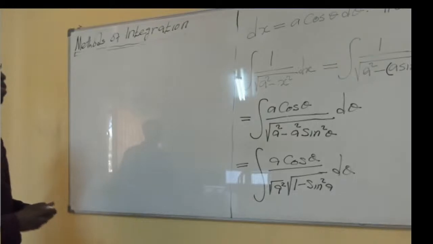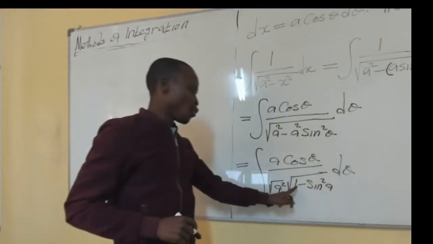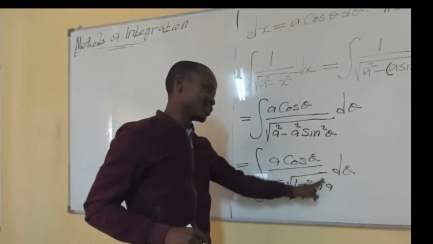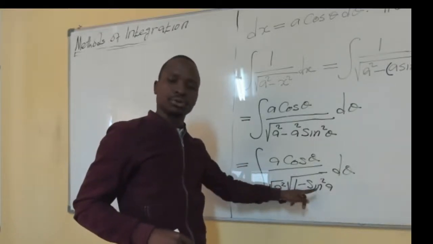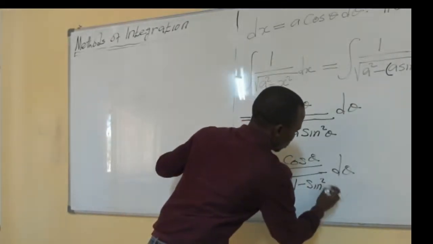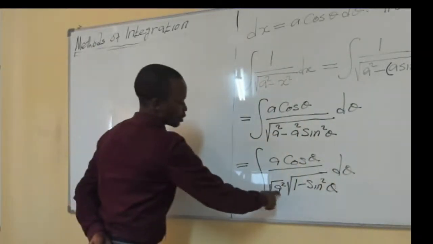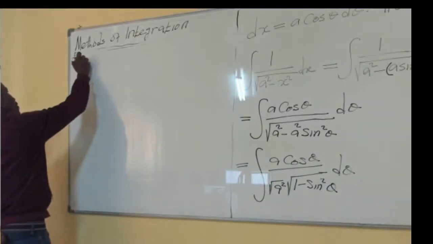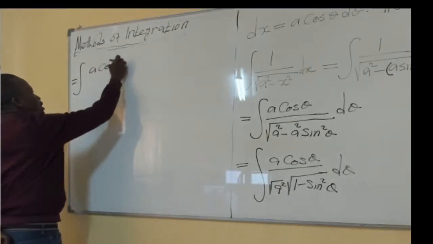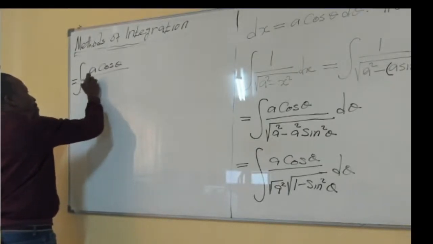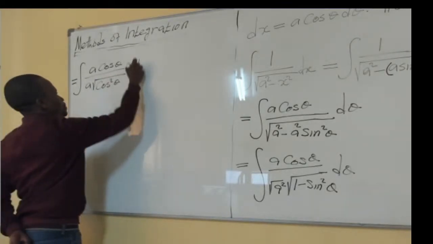Using trigonometric identities, 1 minus sine squared theta is equal to cos squared of theta, and the square root of a squared is a. So at the end of it all, we are going to have a cos theta over a times the square root of cos squared theta d theta.